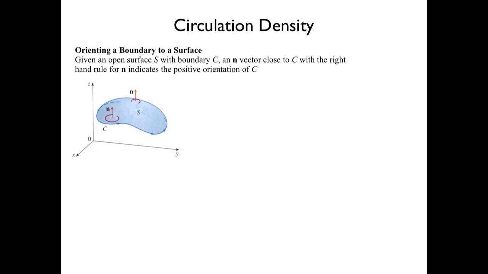So I've got this oriented surface, and we're going to decide what's the orientation of S. Is it upward or downward? If upward, like I'm showing here, then you look at an n vector close to C, and you use the right-hand rule for the direction of n. Would that be taking me counterclockwise or clockwise around in this little loop around n?